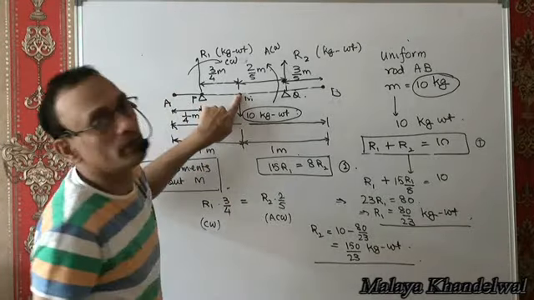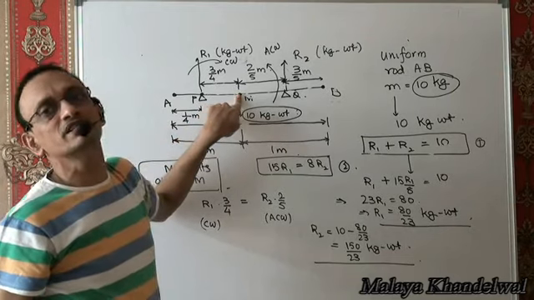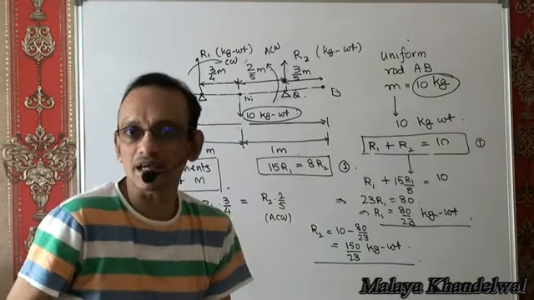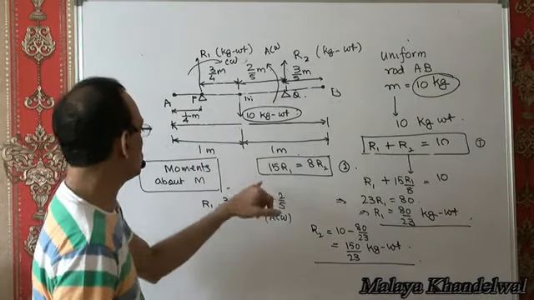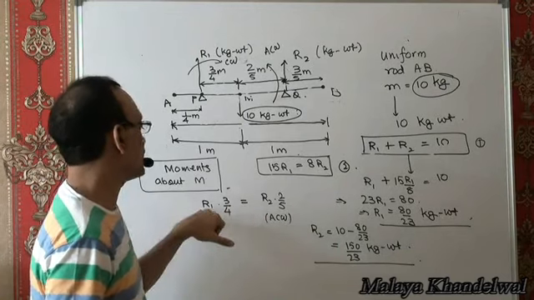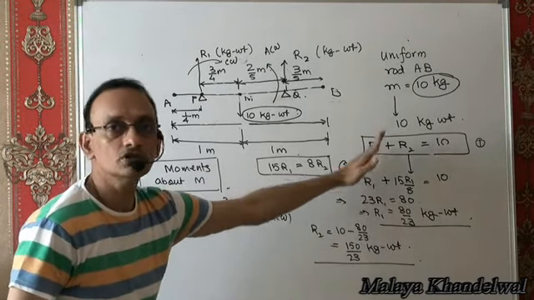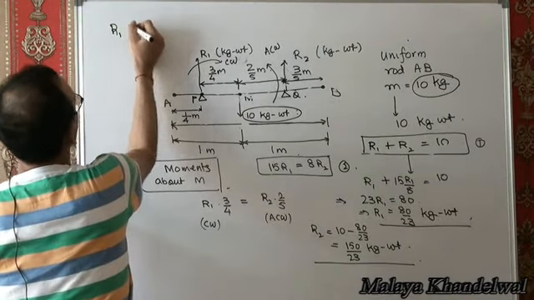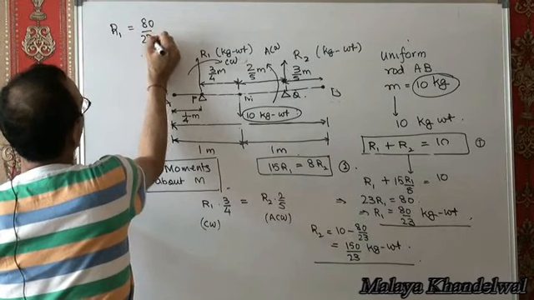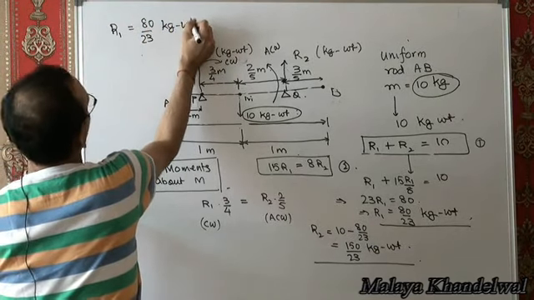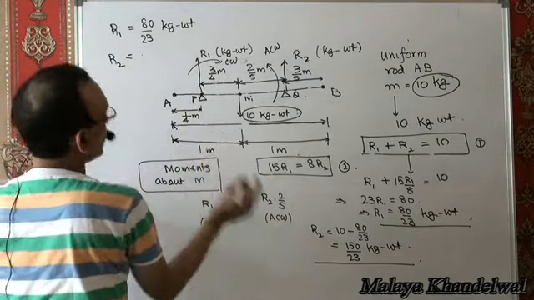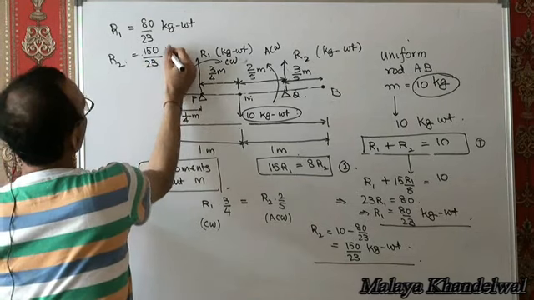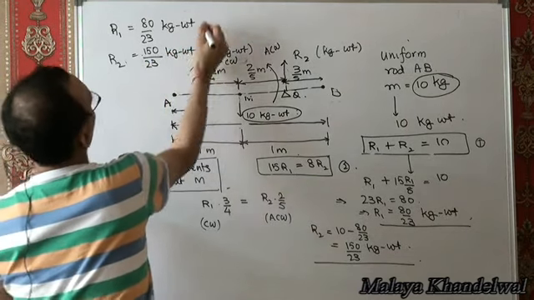We took net moment about M as 0, that means all clockwise moments adding up to all anti-clockwise moments, so that their algebraic sum is 0, and with the help of 15 R1 is 8 R2 we solved for R1 and R2, and got R1 as 80 by 23 kg weight and R2 as 150 by 23 kg weight. Right?